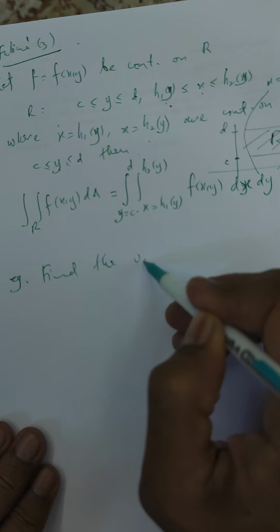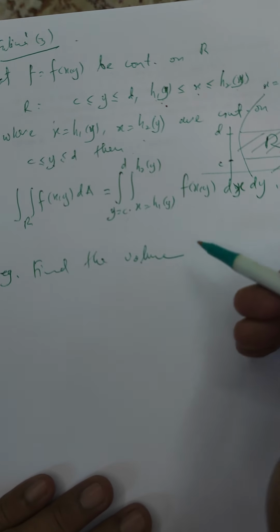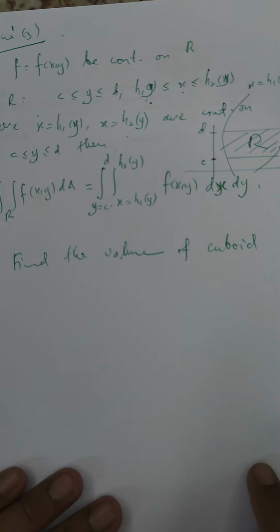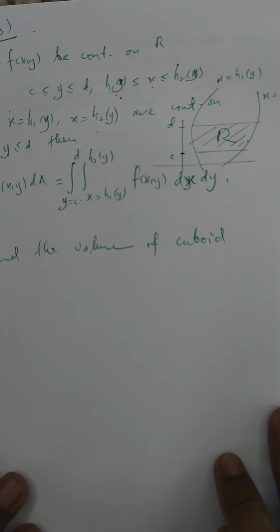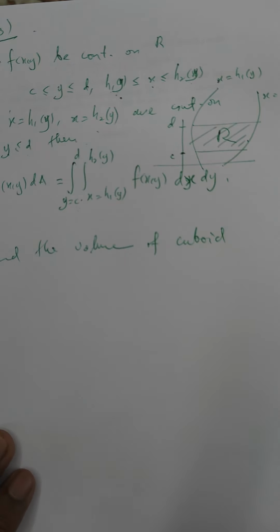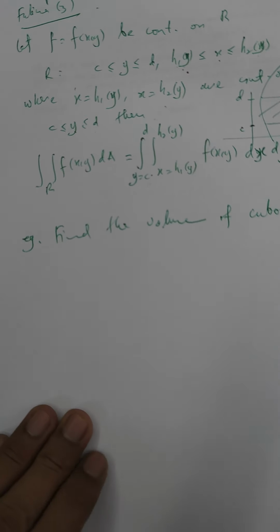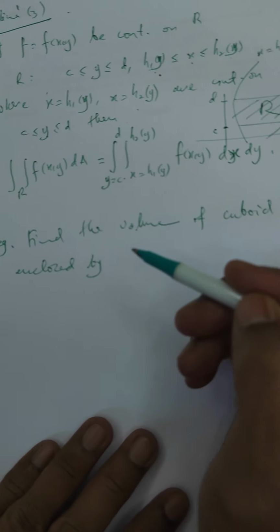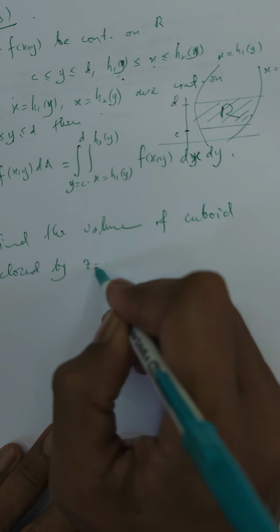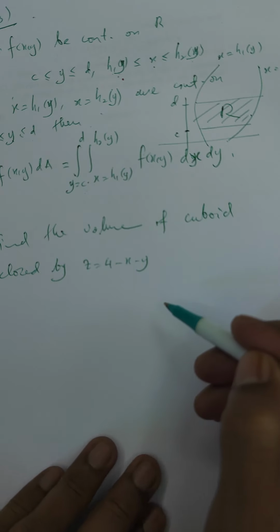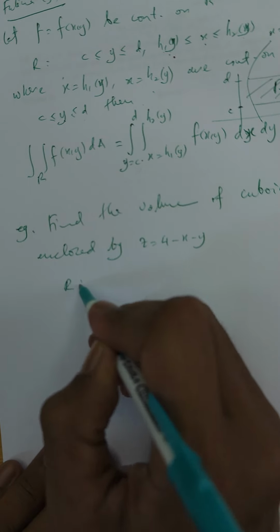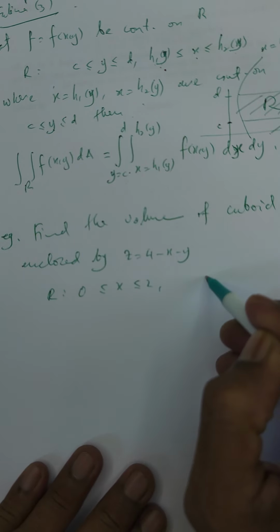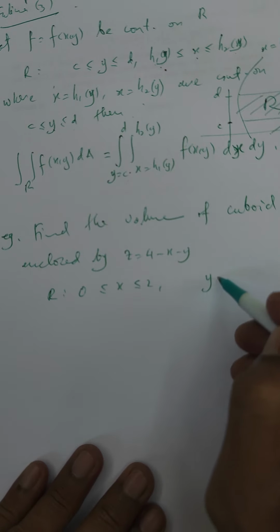Find the volume of the cuboid enclosed by z equal to 4 minus x minus y, and R is given as x from 0 to 2, and y from 0 to 1.